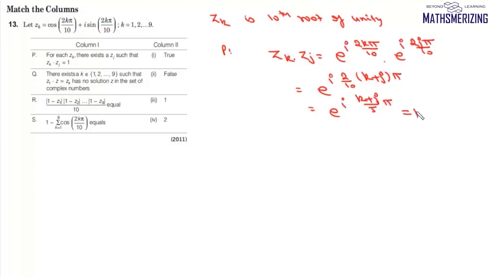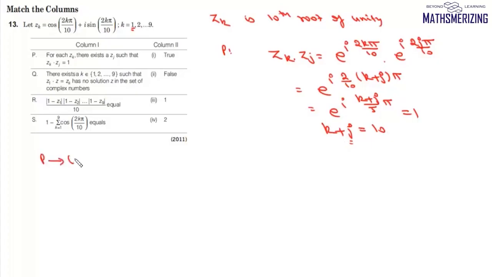Now this result will be 1 if k plus j is equal to 10. So for any value of k, we'll always get a j such that zk into zj is 1. That means P is true.